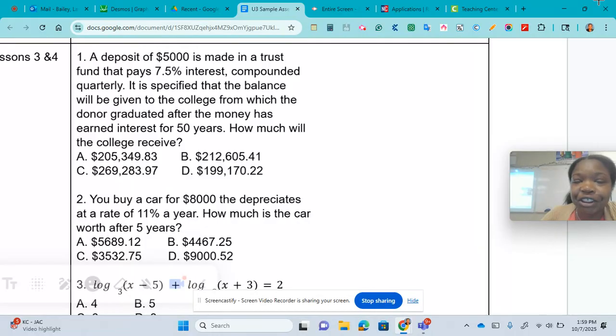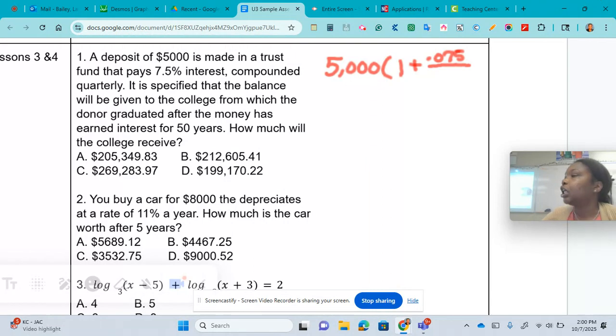So, with exponential, how can we create this equation? We got the principal amount, 5,000. 5,000 times 1 plus 0.075, and exponent 50. What else? Divided by. This is quarterly, so divided by 4.